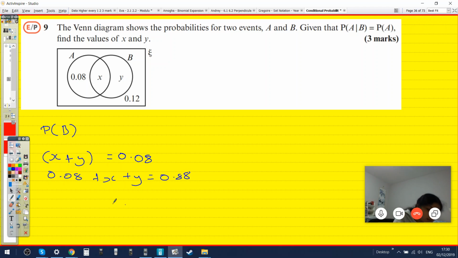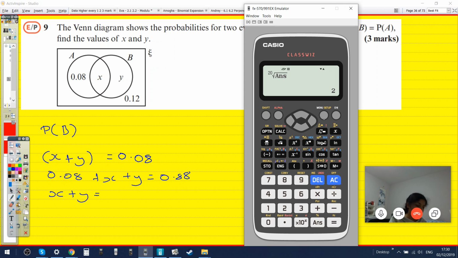So then you know that X plus Y is equal to 0.8. So then you can just substitute one for the other. X is equal to 0.8 minus Y. And you can also do simultaneous equations if you like. I just find this way easier.